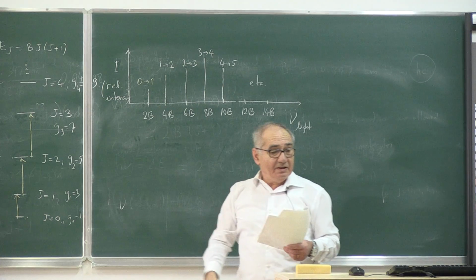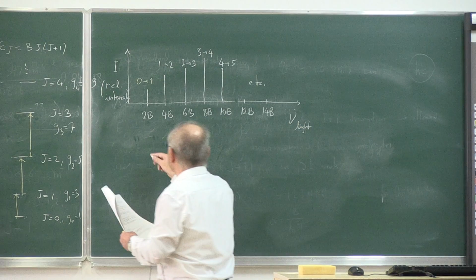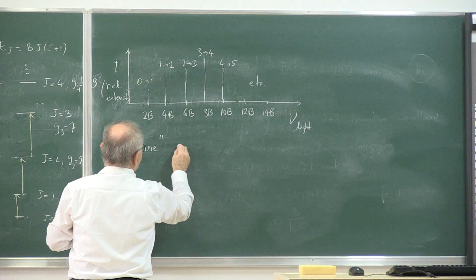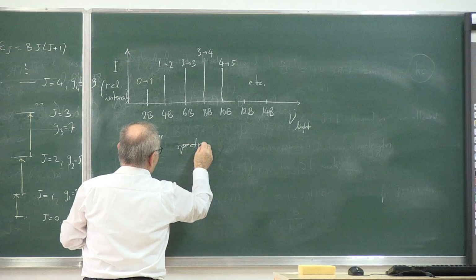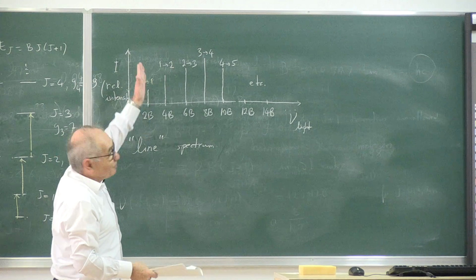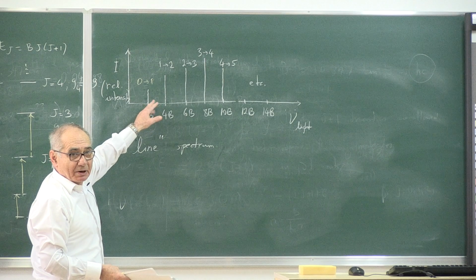Such a graph is called line spectrum, because of the vertical lines in our picture.